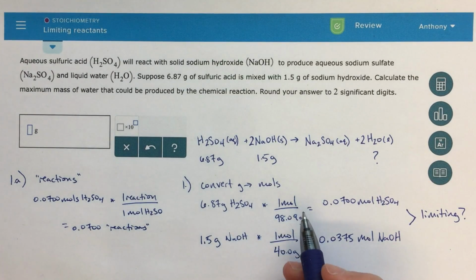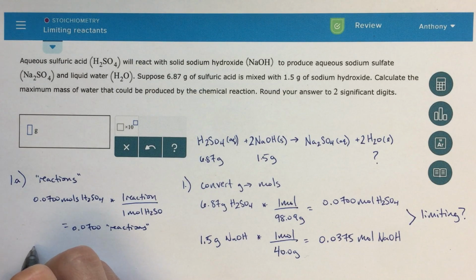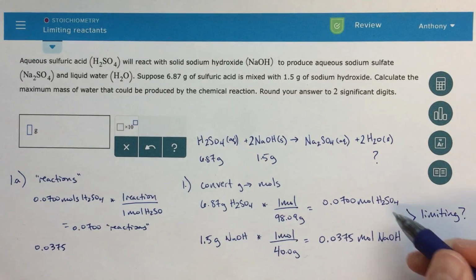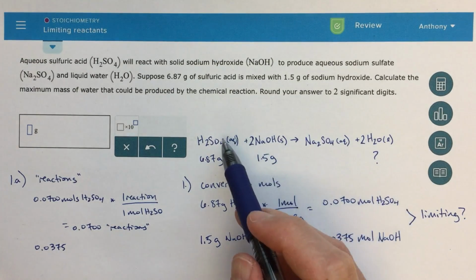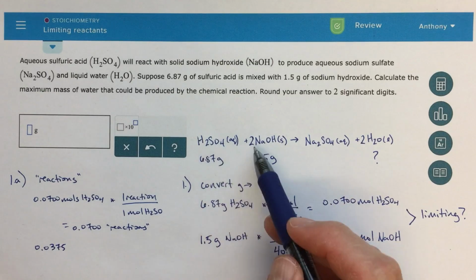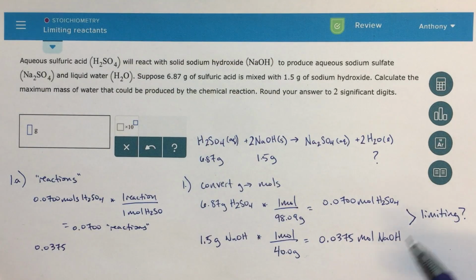I'll do the same thing for sodium hydroxide. Remember that the only reason we're doing this is because we can't just directly compare these two numbers, because the coefficients are not 1-to-1. If it's a 1-to-1 ratio, like in the previous video, we just look and say the sodium hydroxide is a lower number, so it should be the limiting reactant, but that's not always going to be the case.